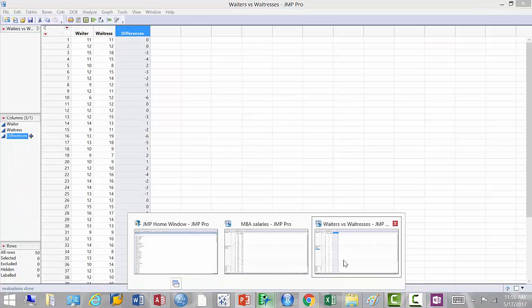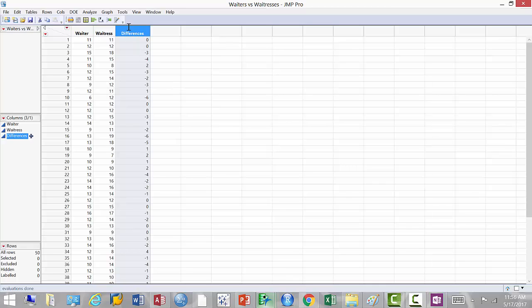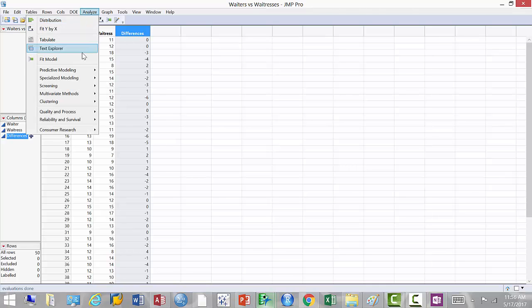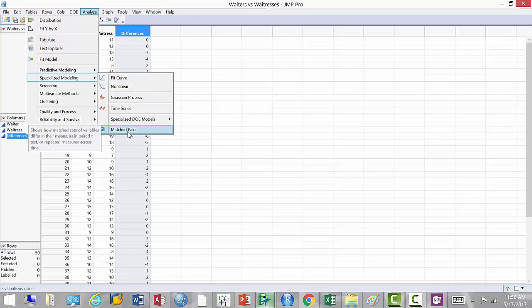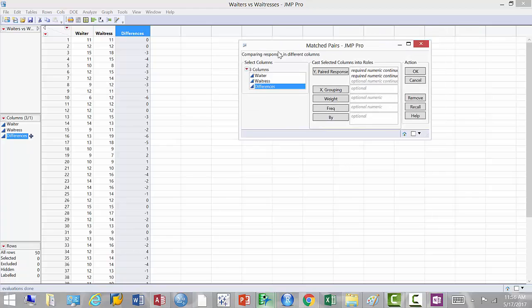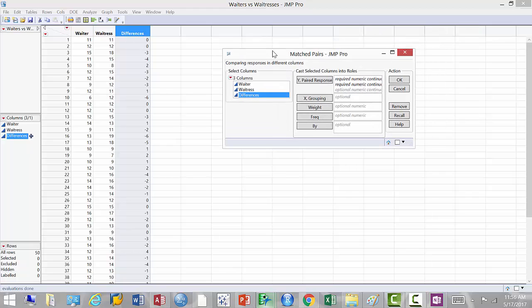So now, let me go ahead and do the analysis. Simple as that. I go back here, and I analyze, specialized models, matched pairs. It's a different menu, tucked away in some deep menu item.